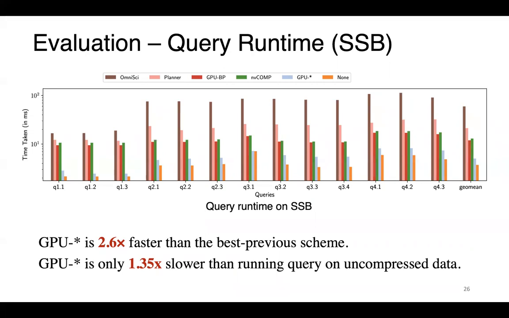Whereas for our scheme, the tile-based decompression model allows us to perform multiple decompression steps in a single kernel and in line with the query execution, resulting in significant performance benefit. Compared to running on uncompressed data, our scheme is only 1.35 times slower, where the overhead is coming from extra operations of decompressing the data during query execution. We also conduct a more detailed experiment with various data distributions that can be found in our paper.